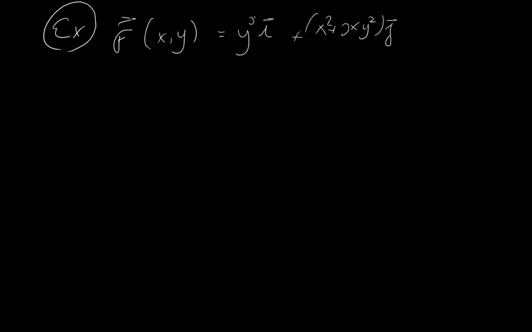All right, suppose we have a vector field f of x y given by y cubed in the i direction plus x squared plus 3xy squared in the j direction. Okay, and suppose we have a particle travel once counterclockwise around a circle of radius 3.